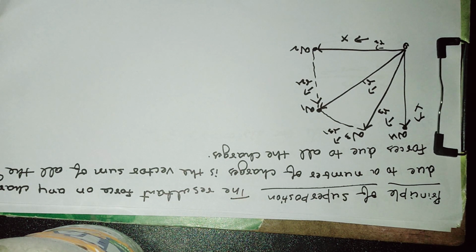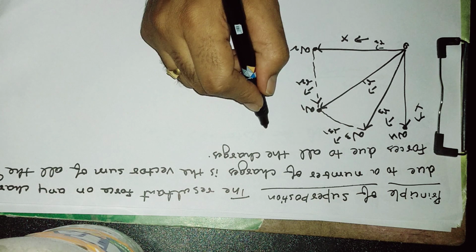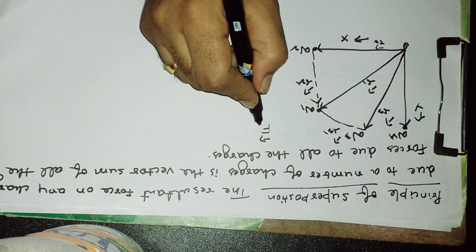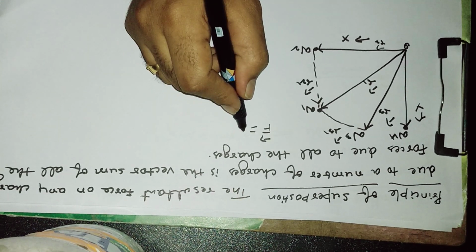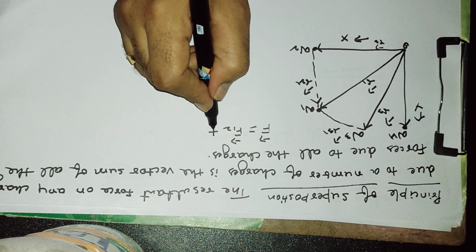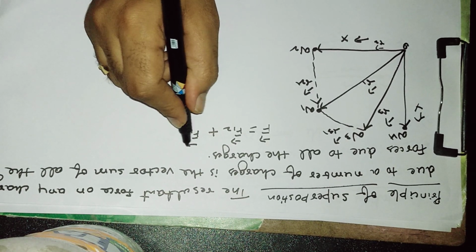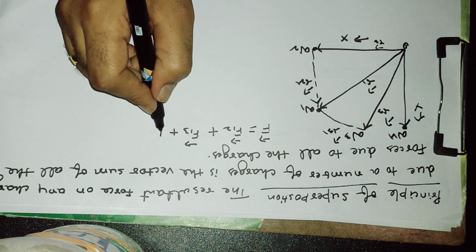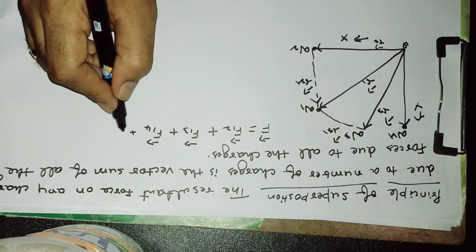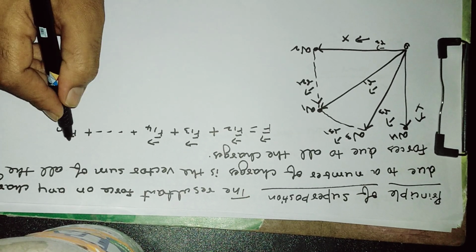So I may write the force acting on the first charge, if I call it F, as the force on the first charge due to the second charge F12, plus the force on the first charge due to the third charge F13, plus the force due to the fourth charge F14, etc. I can call it F1n.